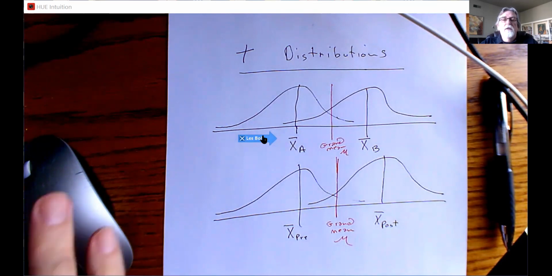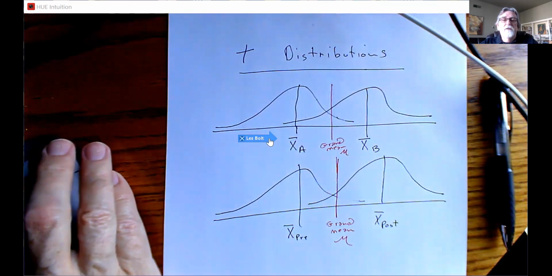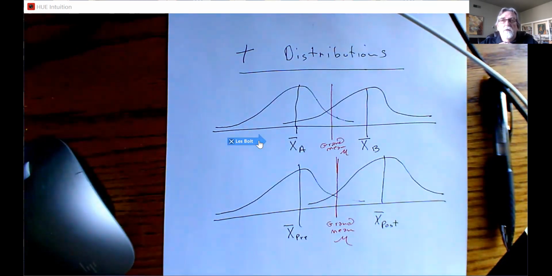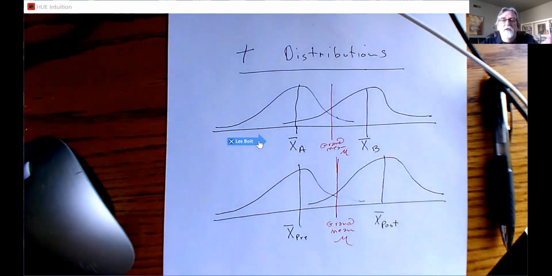Conversely, if we find that this distance between the mean of A and the mean of B is greater than is in the middle 95% of a distribution of sample means, then we have a significant difference between those two groups. And that's called an independent samples t-test, because we have two separate samples.